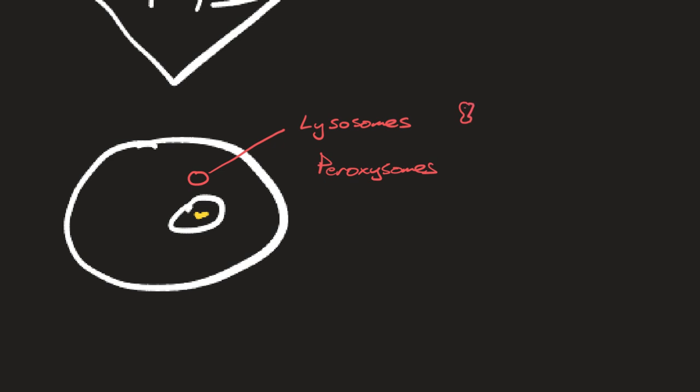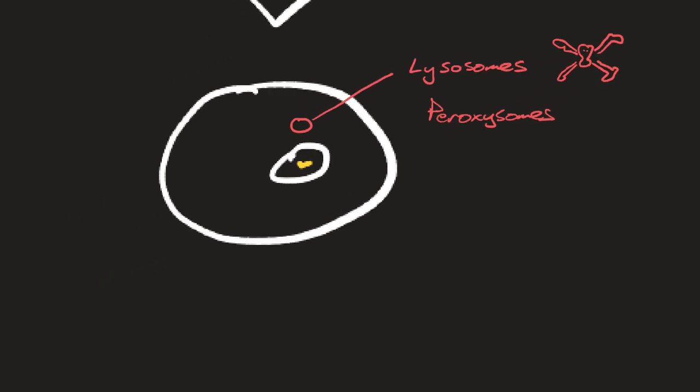They destroy anything that comes. These enzymes will break you down when you die. When you die, you'll be turned into a mush. You get turned into a mush because of these killer enzymes in this lysosome.